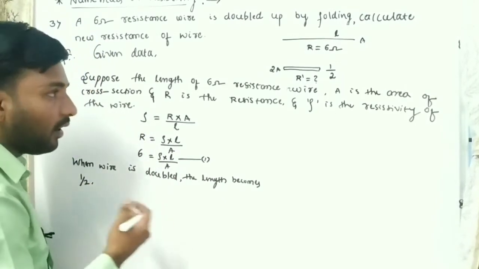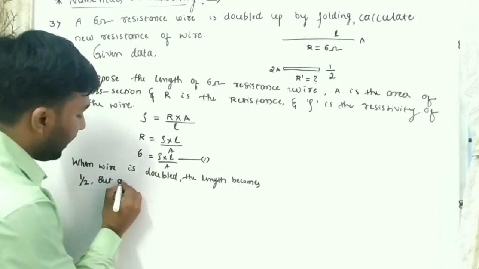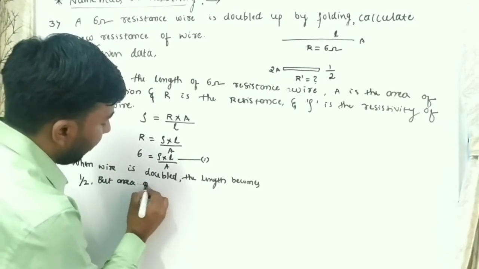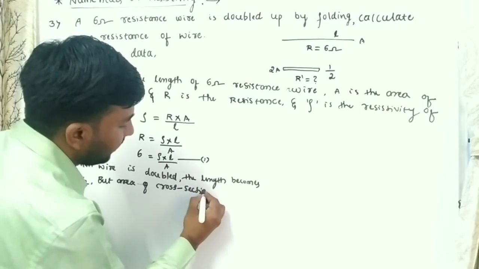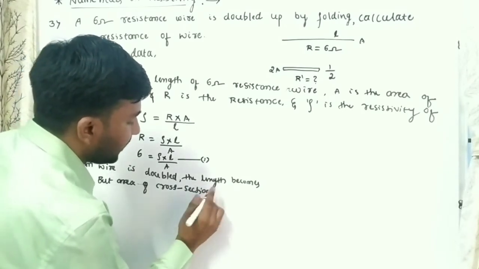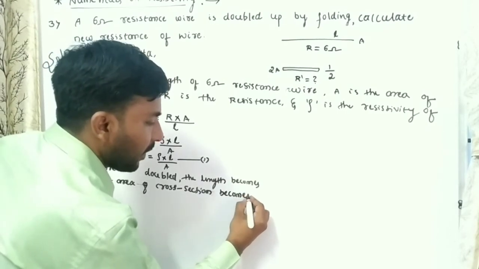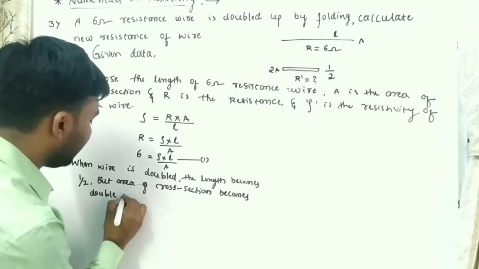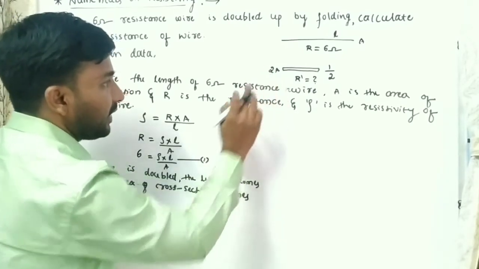The length becomes half, but the area of cross section becomes double, that is it will become 2A. The area of cross section will become double.